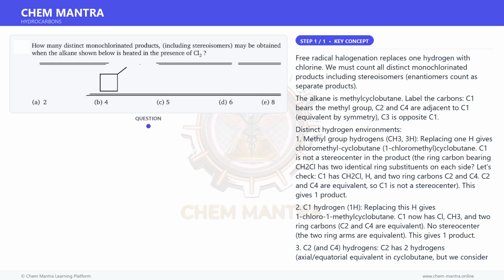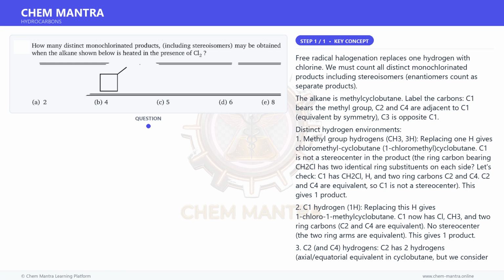Replacing one H at C3 gives 1-methyl-3-chlorocyclobutane. C1 has CH3 and C3 has Cl. The molecule has a mirror plane through C1 and C3, so cis-1-methyl-3-chlorocyclobutane is a meso compound, one product, and trans-1-methyl-3-chlorocyclobutane gives two enantiomers, 2 products. That's 3 stereoisomers.